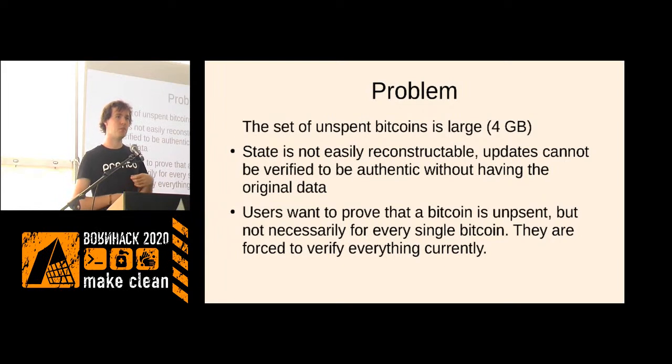So this 4 gigabyte set of unspent Bitcoin is kind of large for a phone, and it's super hard to generate, because you need to process like 300 gigabytes of data just to regenerate it.